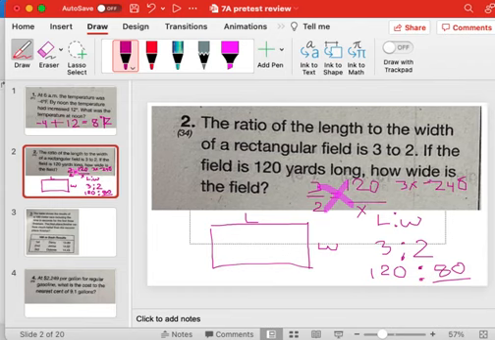It looks like you put 248. And then, yeah, it does. This thing is so hard to write on. And then 240 divided by 3 is what? 80. So either way you want to set that up, either using a scale factor like I did here, 3 times 40, so 2 times 40, or using a proportion like I did there. Okay, any questions on that one?